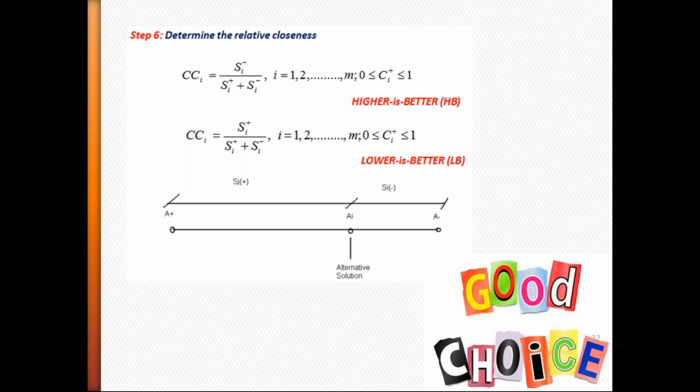The alternative which corresponds to the maximum value of the closeness coefficient, or the alternative which corresponds to the minimal value? Which alternative is supposed to be the best? You follow the formulation Si minus divided by Si plus plus Si minus. So which alternative is to be selected?